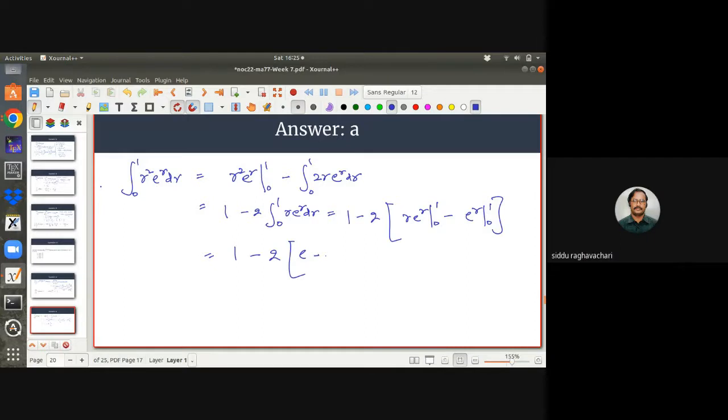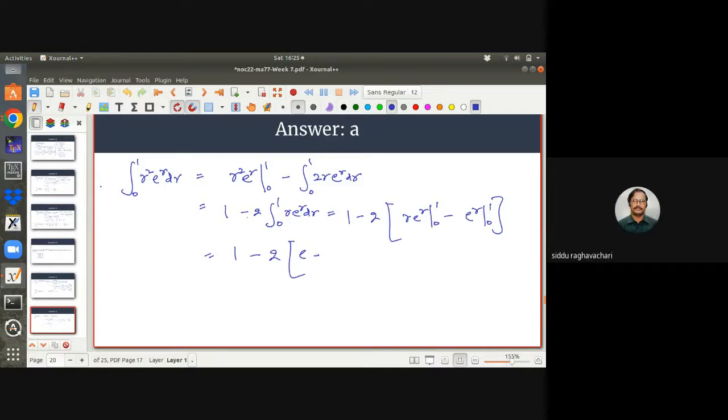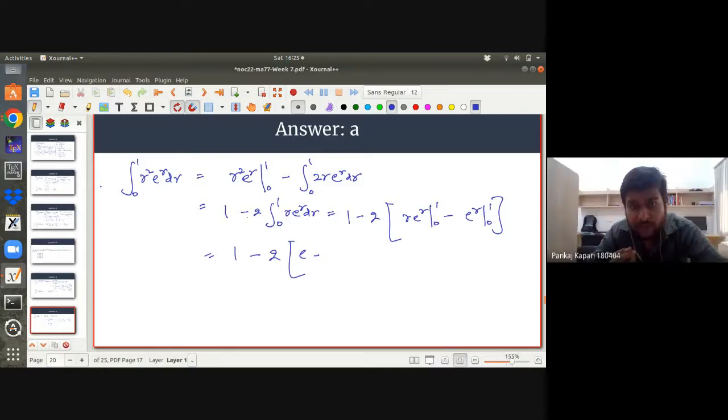Please use the direct formula: the integral is e to the power r times r square minus 2r plus 2.